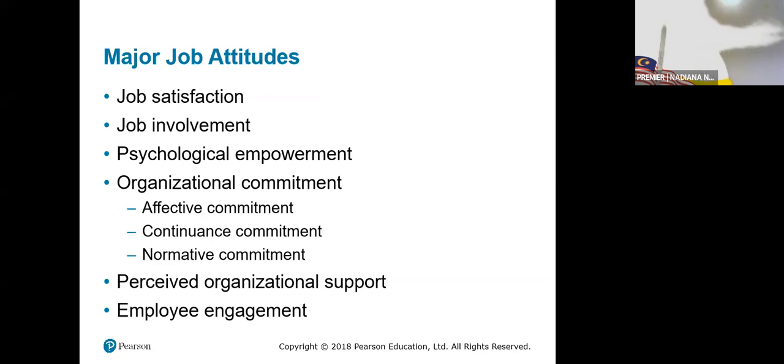You easily tell others your organization is very good, your organization is superb, and you never say your organization is bad. This is employee engagement, because you must be responsible to your organization. Whatever you say, whatever you tell others, must be good for the organization.